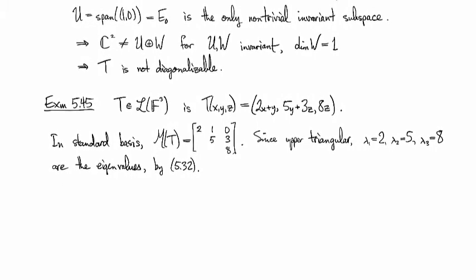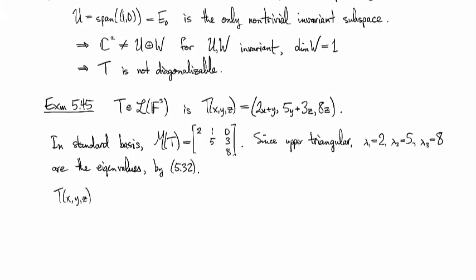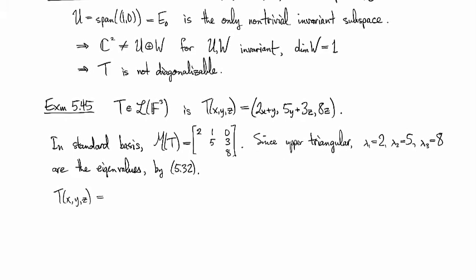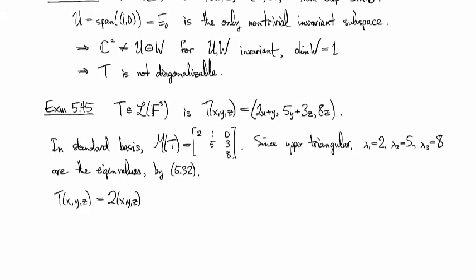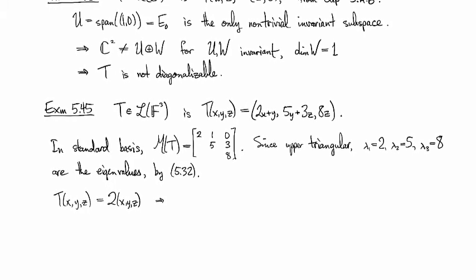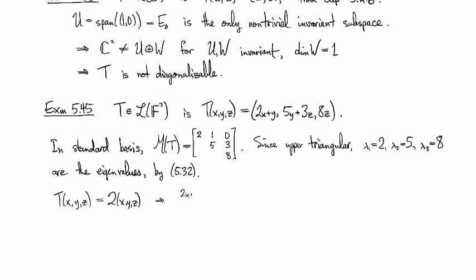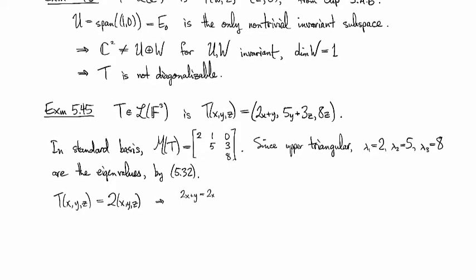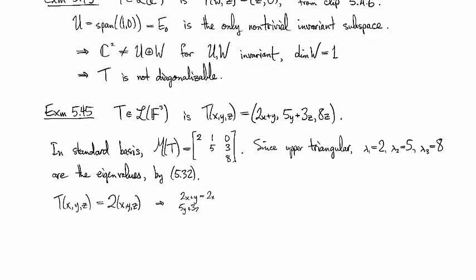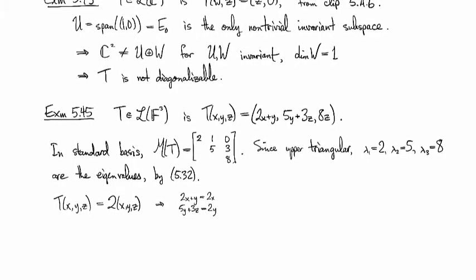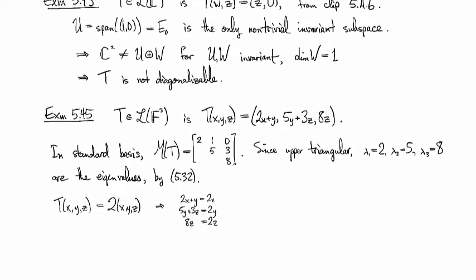If we look at the eigenequations, T(x, y, z) is equal to lambda 1 times (x, y, z). Well, that gives us equations for each of the entries. So 2x + y has to equal 2x, and 5y + 3z has to equal 2y, and 8z has to equal 2z.